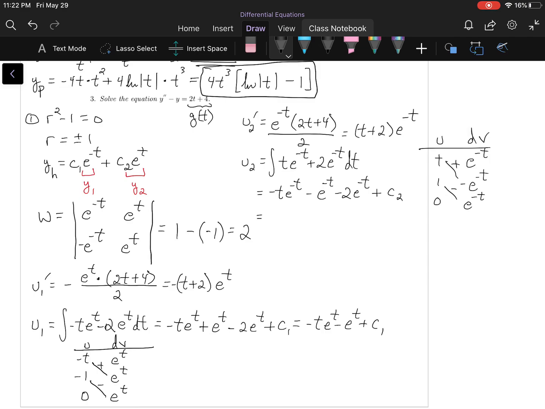And if we combine some of these terms, we are going to get a negative te to the negative t minus 3 e to the negative t's plus c2.